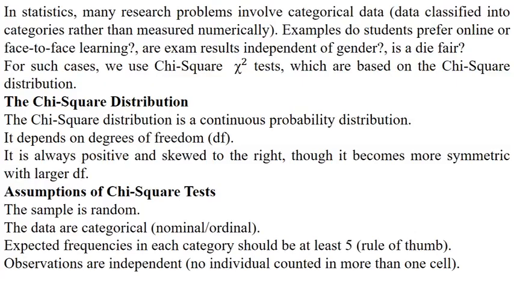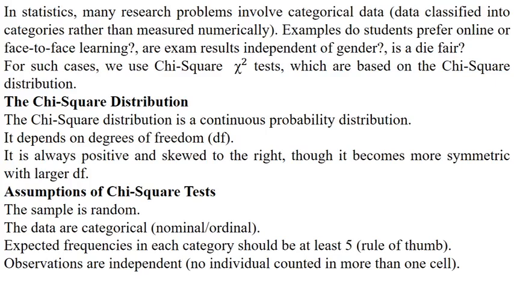In statistics, many research problems involve categorical data, that is, data that are classified into categories rather than being measured numerically. I told us that gender, we can't measure it numerically. It's categorical data, which is either male or female.